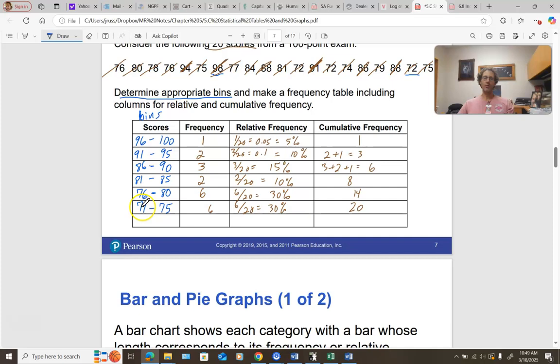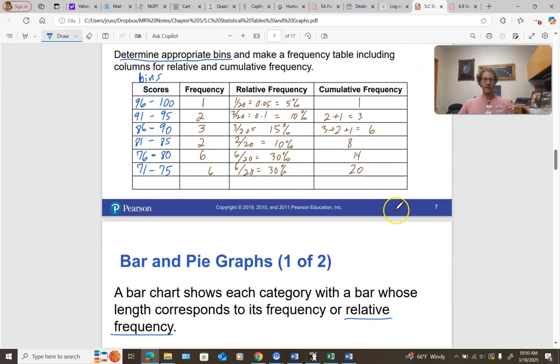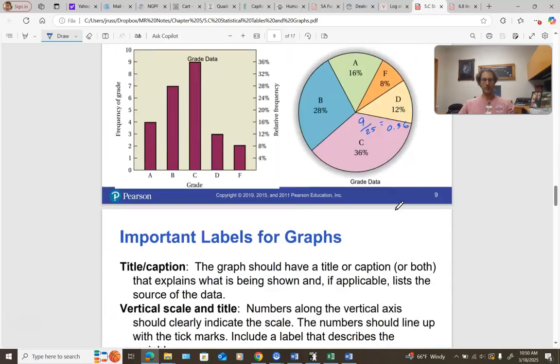The first bar would only exist over this range on the x-axis, and it would have a height of 6. And there would be a bar right next to it. There wouldn't be a space between the bars, and it would have a height of 6 as well. And then there would be another bar, and it would have a height of 2.